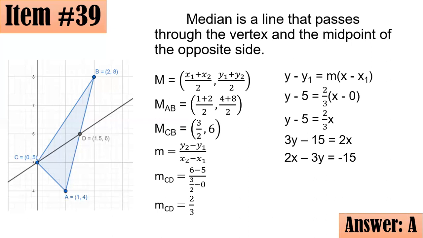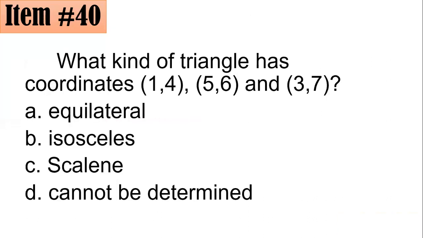All right. Number 40. What kind of triangle has coordinates (1, 4), (5, 6), and (3, 7)? Is it equilateral, isosceles, scalene, or cannot be determined? To do such, it's important that you know the lengths of each side of the triangle.